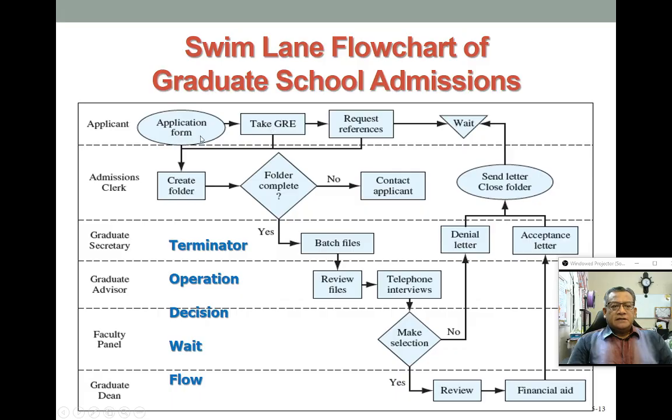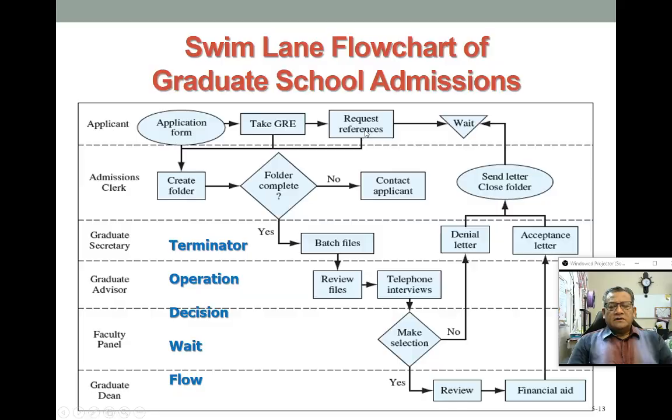Next, your application form will go to the admissions clerk for administration, and they will check your application and provide a folder for you. Then if your folder is complete, it will be processed to the next batch file. At the same time, your qualification exam result will be verified.